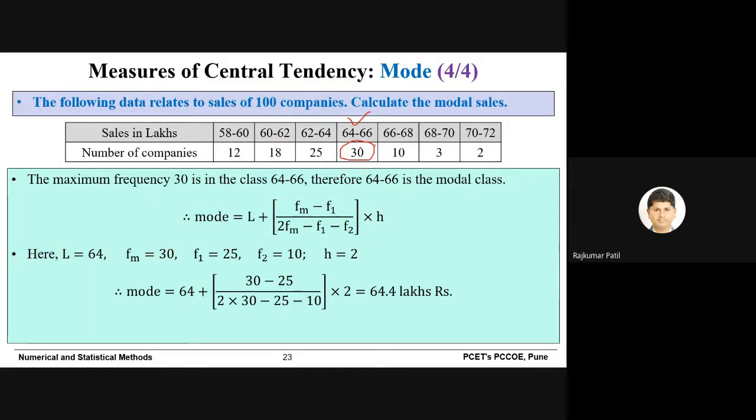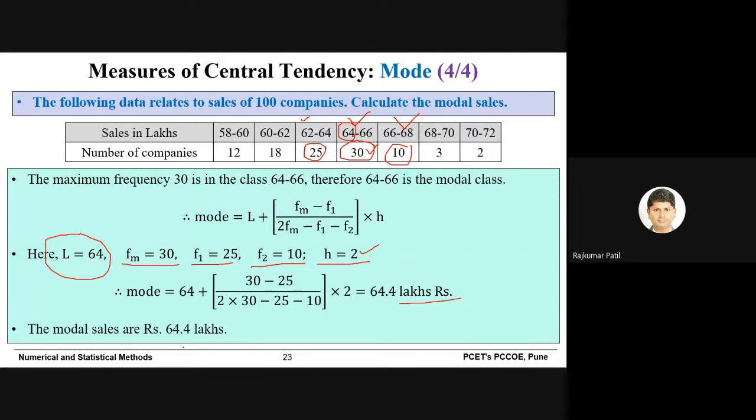Once you find that, you can find L corresponding to the given class, Fm 30 the frequency for that class, F1 25 corresponding to the previous interval, F2 is 10, that is the frequency for the post class, and the width for each interval, which is H, that is 2. Put all these values, you will get the solution, and you need to put the unit as well.